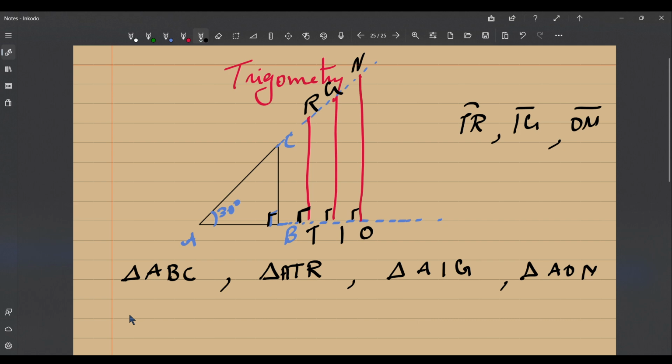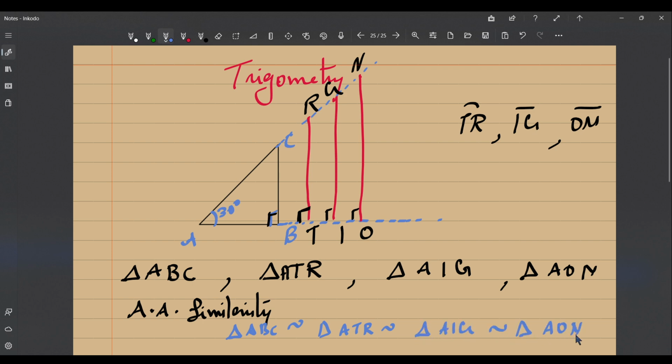By the AA similarity postulate, which we just saw in our past few videos on similarity, all these triangles are similar. Triangle ABC is similar to triangle ATR, is similar to triangle AIG, and is similar to triangle AON because two of its angles are equal.